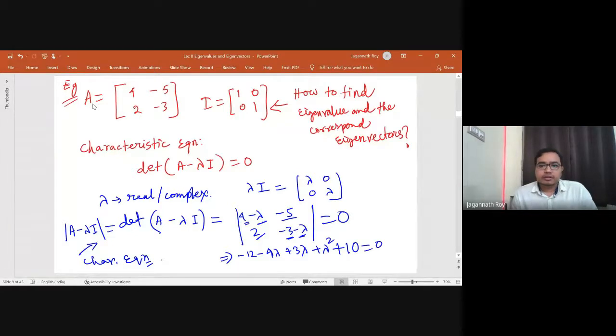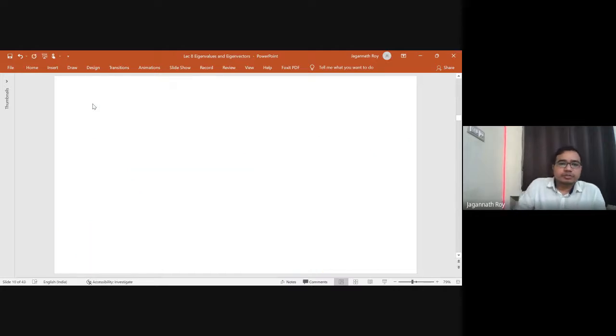Now if you simplify, it becomes lambda square, minus 4 lambda plus 3 lambda, so minus lambda, and minus 12 plus 10, so minus 2. The characteristic equation now becomes lambda square minus lambda minus 2 equals 0.